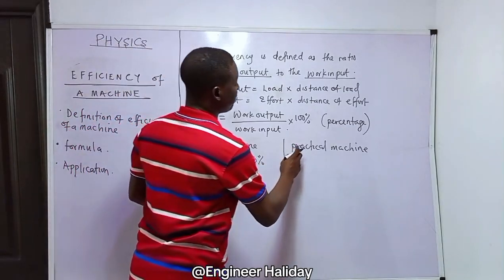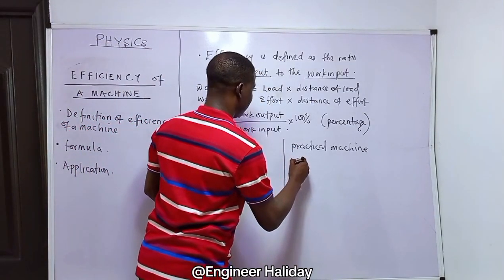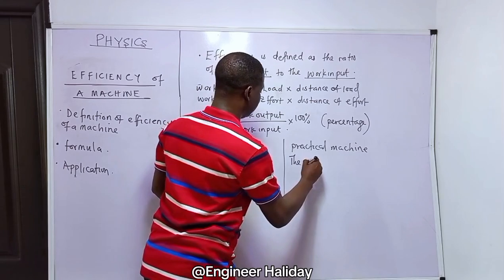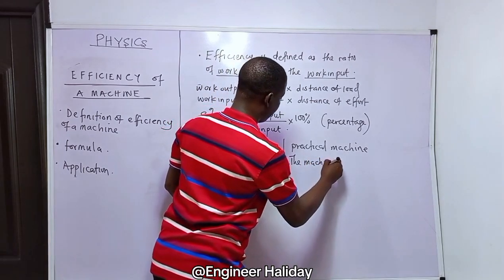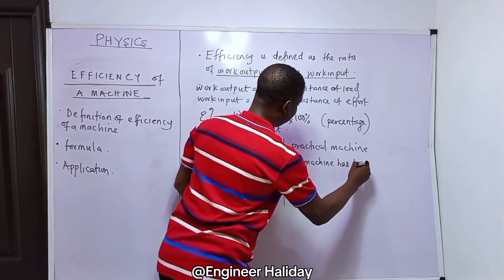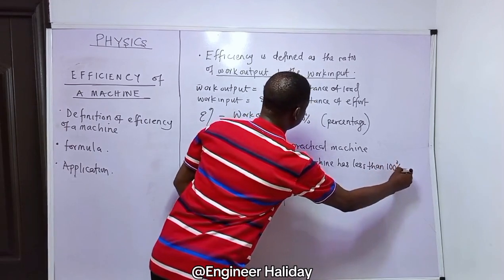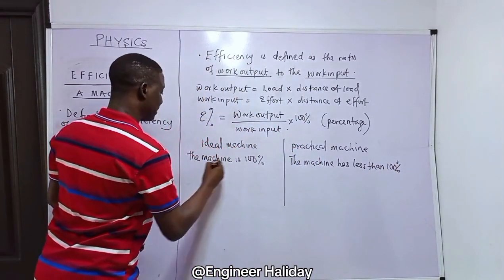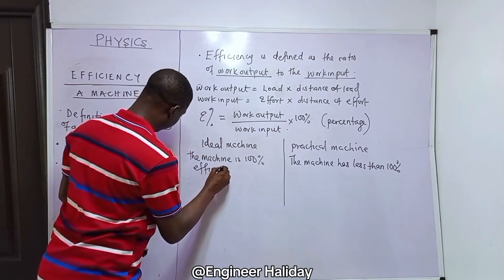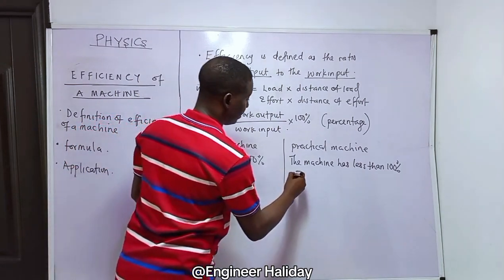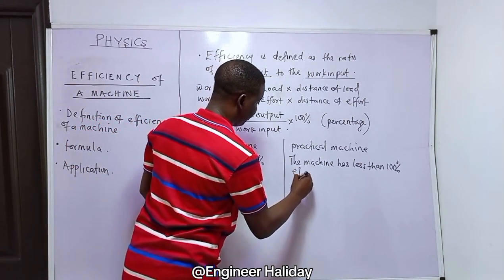But in a practical machine, the machine has less than 100% efficiency. So 100% what? Efficiency. This one less than 100% what? Efficiency.